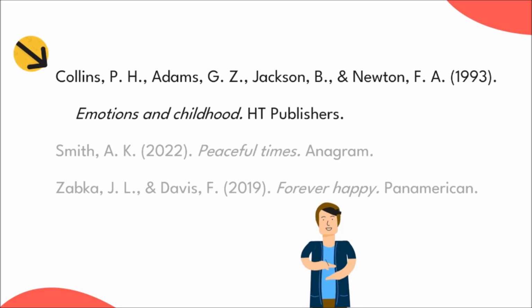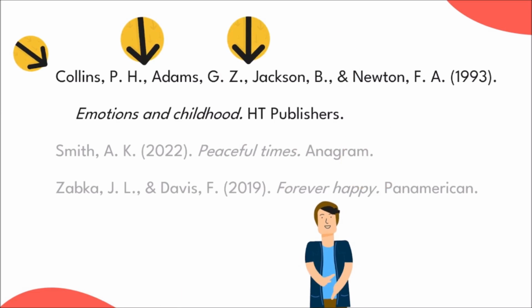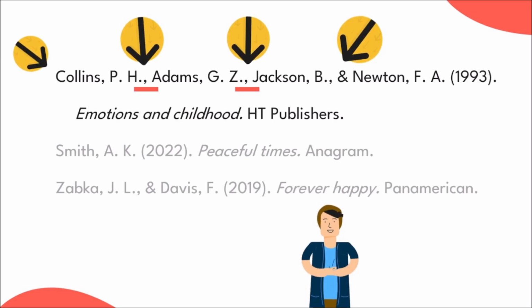All the first ones are separated by a comma, while between the penultimate and the last one we put an ampersand. It's just as if we were listing colors: yellow, comma, red, comma, green, comma, and black.